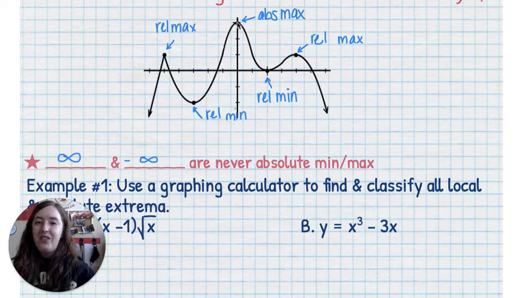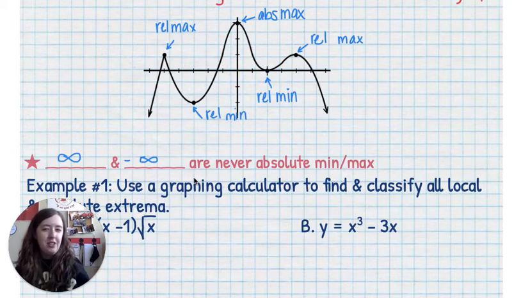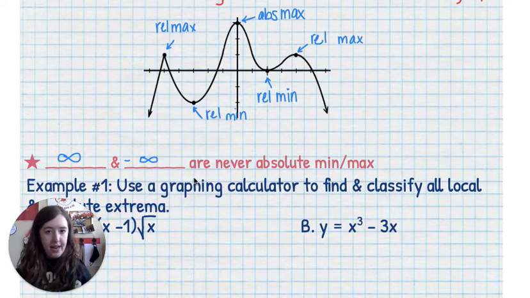The highest value that this function can reach is 3, right? But if those arrows keep going down and down, well, my y value can never actually reach negative infinity, right? It's not an actual number, it's just an idea. So positive infinity and negative infinity are never absolute minimums and maximums. So this graph right here does not have an absolute minimum.